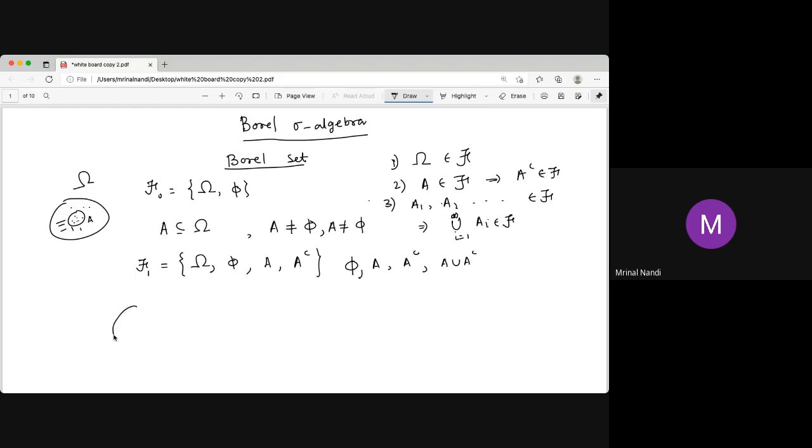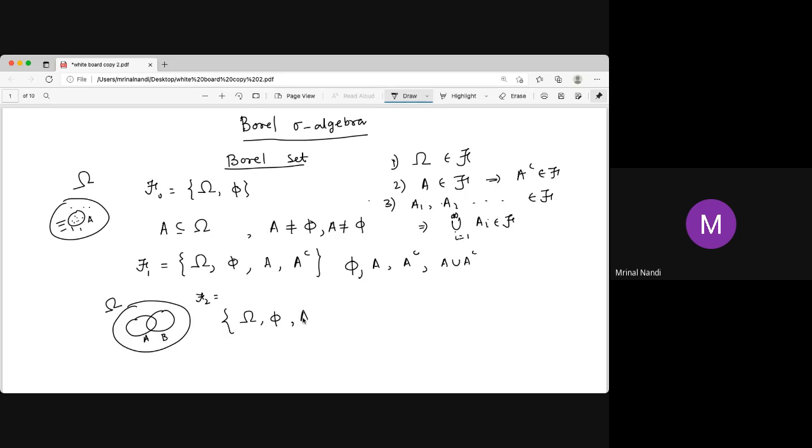Now take a slightly larger set. Say this is A and this is B. This is omega. So if you want to call this script F2, you have to take omega, you have to take phi also.